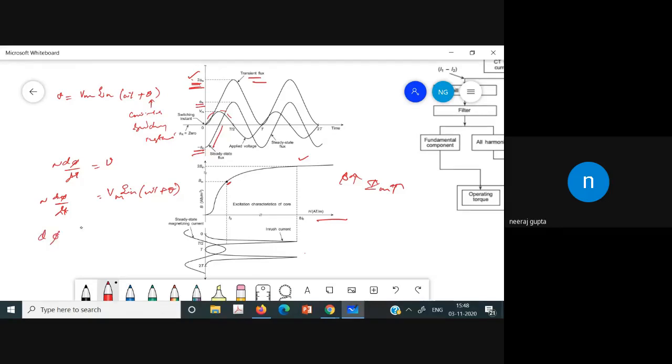I can write the expression for phi directly without going into detail. Finally, phi equals minus Vm by N omega, cosine of omega t plus theta, plus k. You can verify it at your own end. Now k is the constant of integration, and the value of k can be found out.